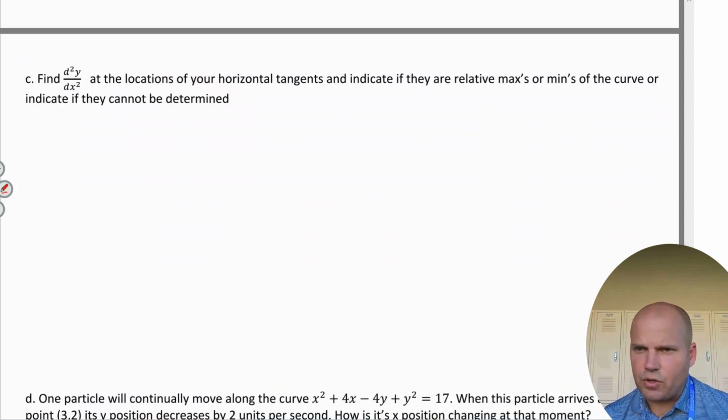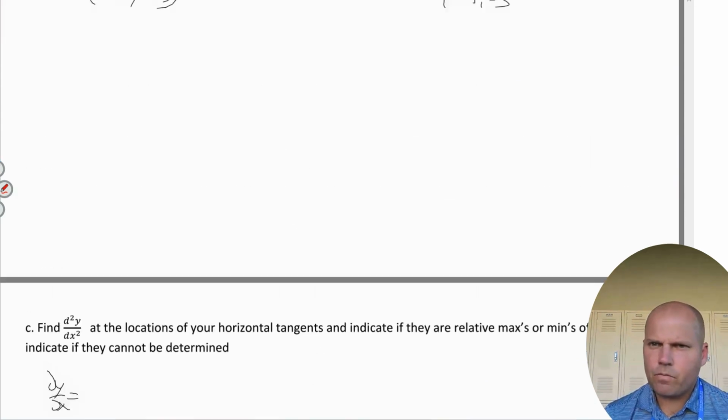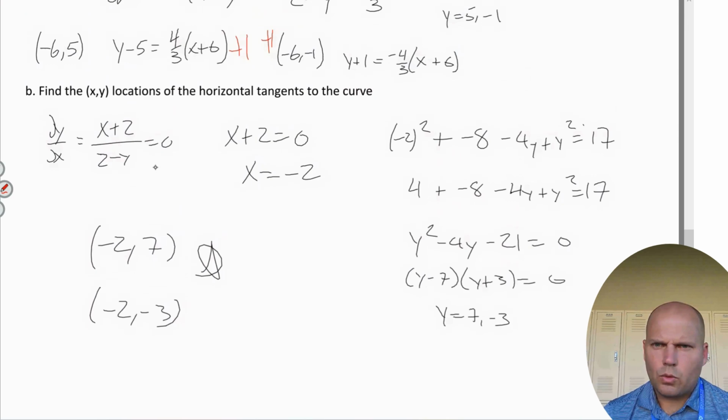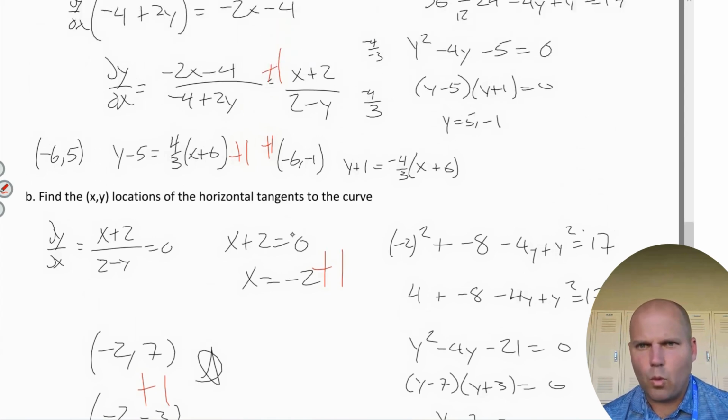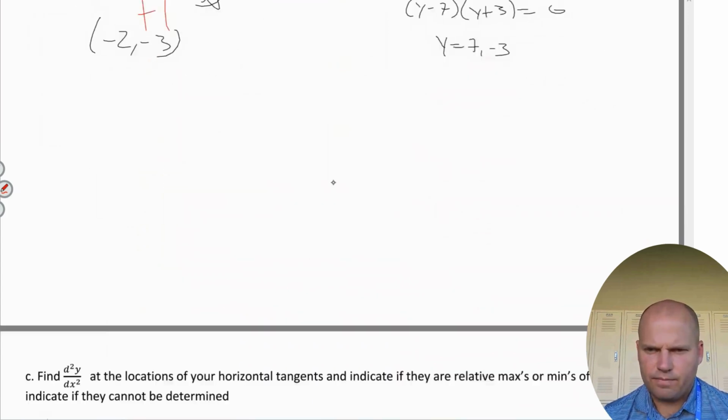Another second derivative, so this is good practice. Don't forget about your first derivative. We're looking at 2 points. Probably you get 1 point for x equals, you get 1 point for the other, for the y coordinates. You get x plus 2 and 2 minus y.